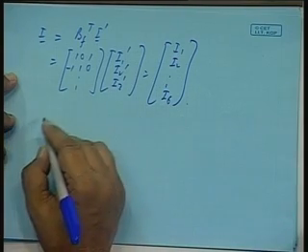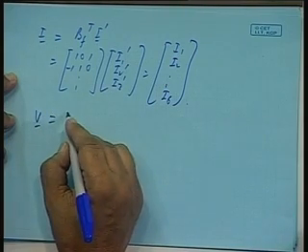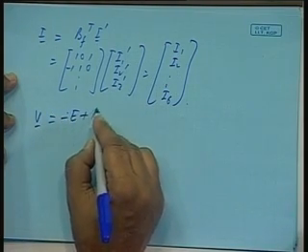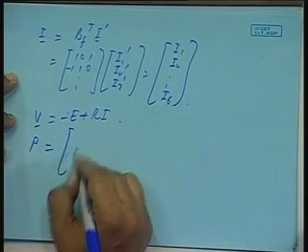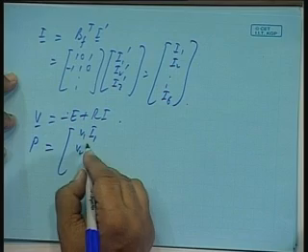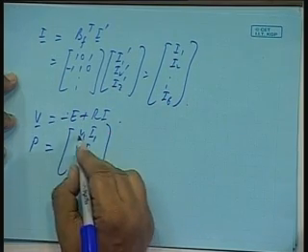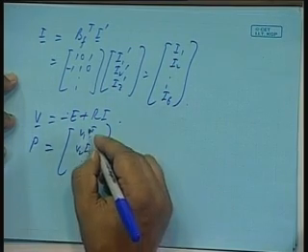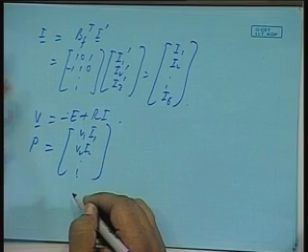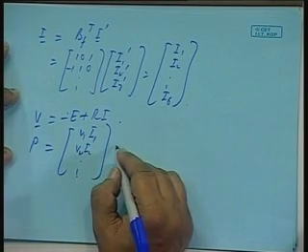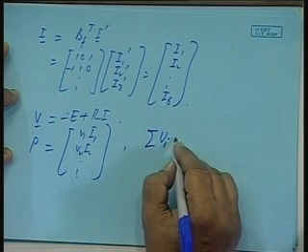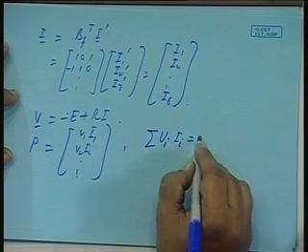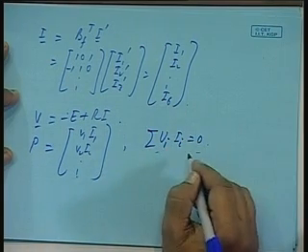So, V you can compute as minus E plus Ri, and hence P will be V1 I1, V2 I2 and so on. That will give you the branch power. Total sum of that will be equal to 0. So, sigma Vi Ii will be equal to 0. So, this you can check.